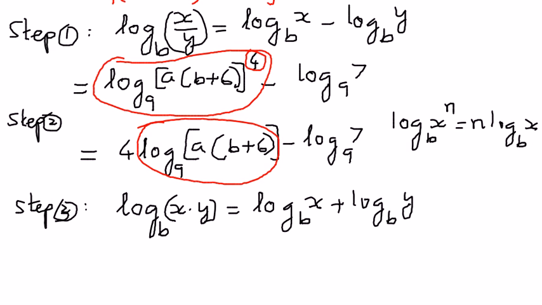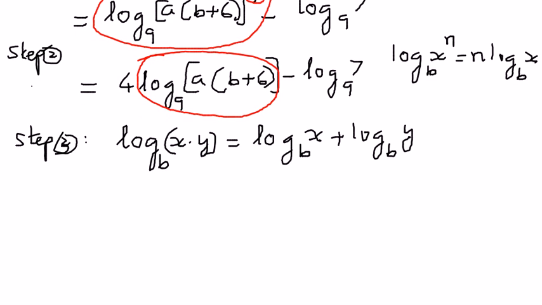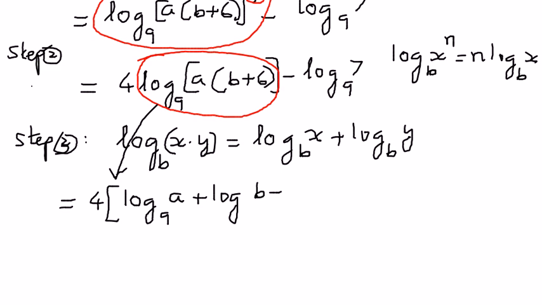And therefore when we use that, we can expand this expression as follows: 4 times (log a to the base 9 plus log of (b plus 6) to the base 9) minus log 7 to the base 9.